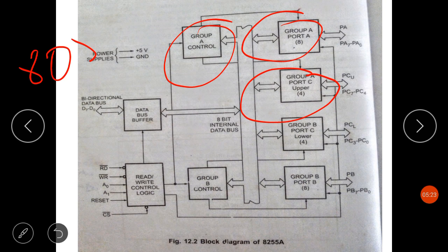So group A, with port A, here the port A is again working as the 8-bit bidirectional data bus, and PC3 to PC7 are used for handshaking purpose. In this mode both input and outputs are latched due to use of a single 8-bit data bus.